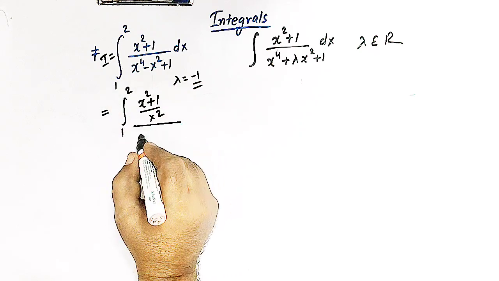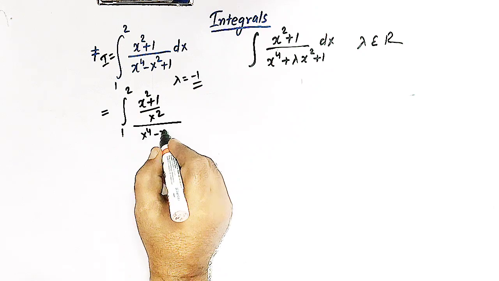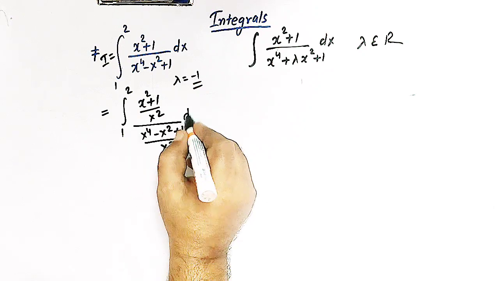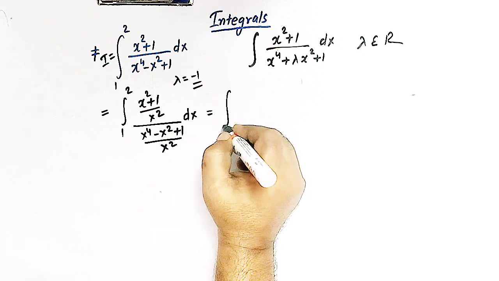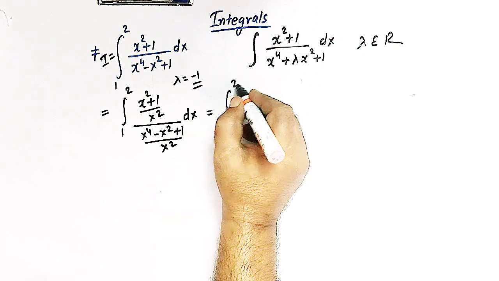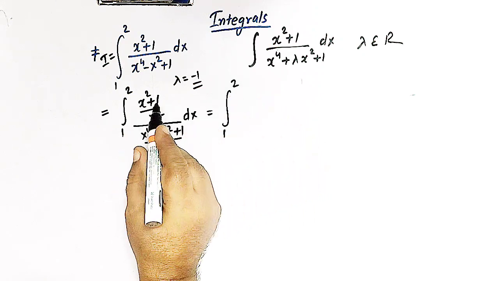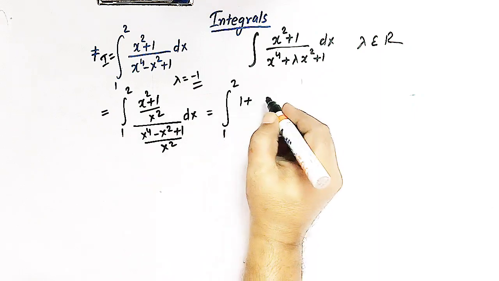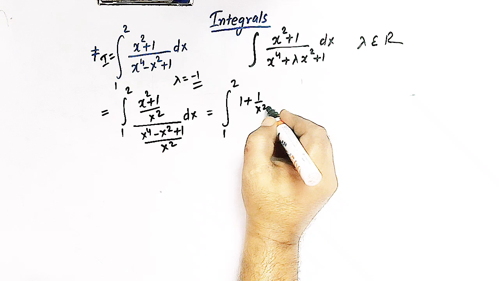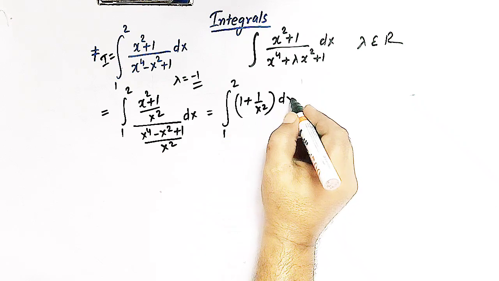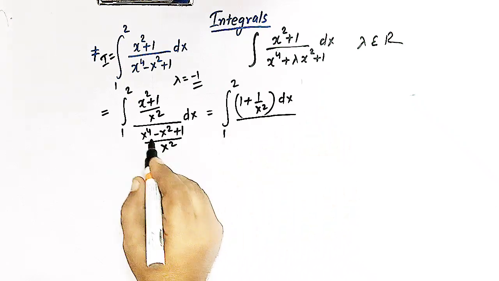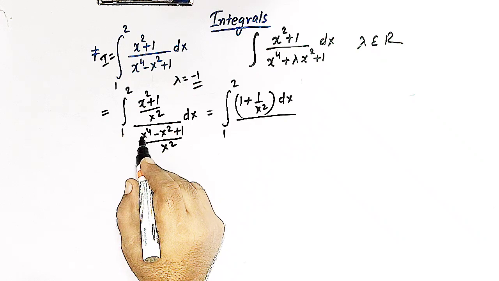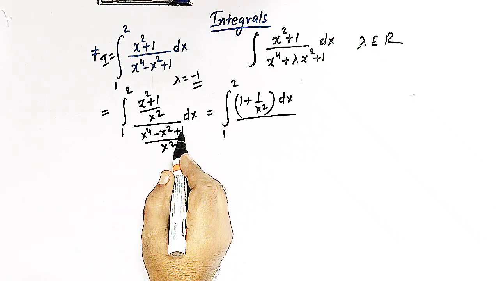So here we can now write x raised to 4 minus x square plus 1 over x square, and here we have dx. So now we can write 1 to 2, and here (x square plus 1) over x square can be written as simply 1 plus 1 over x square, and here we have dx. In the denominator we can write x square in the denominator of these three terms.